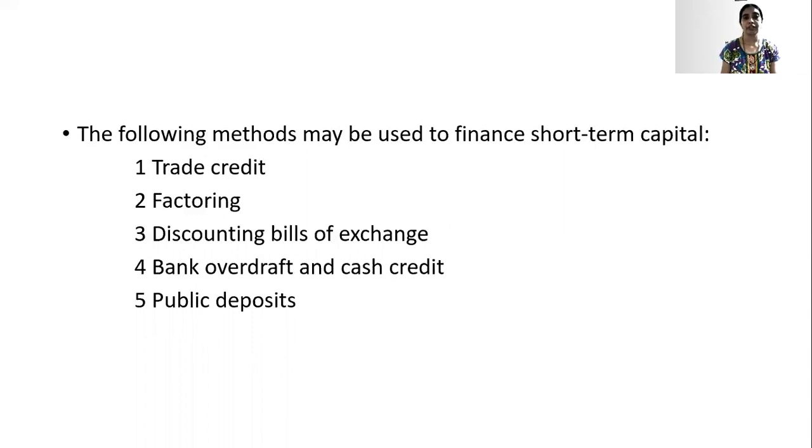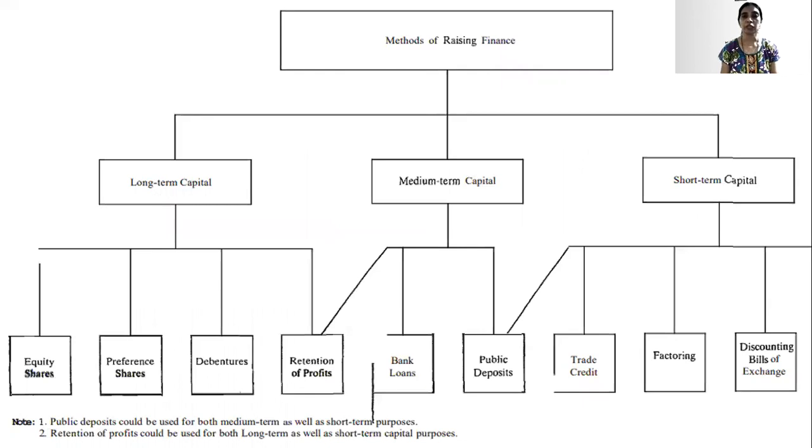sources of finance. Now the same thing I have represented here in the form of a chart. You can see I have bifurcated it into three different forms: long term, medium and short. In long term, you can see the same things I discussed in the last PPT.